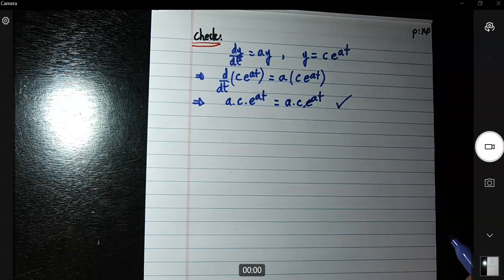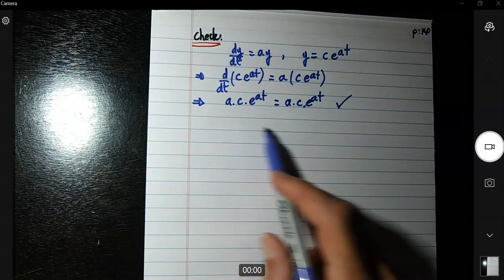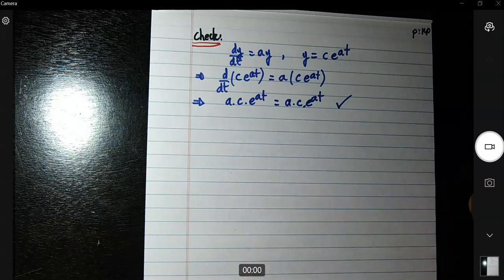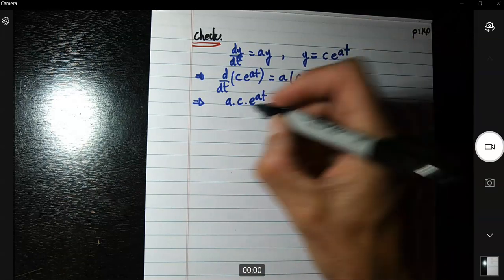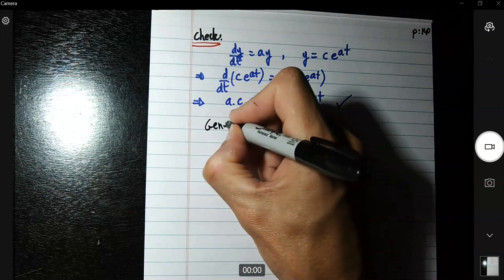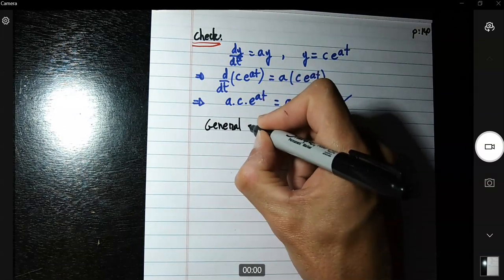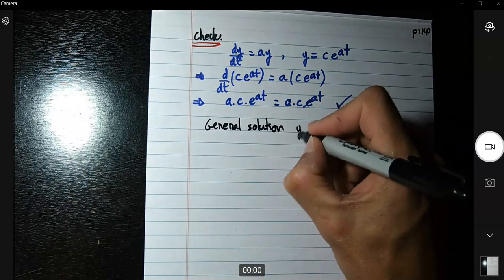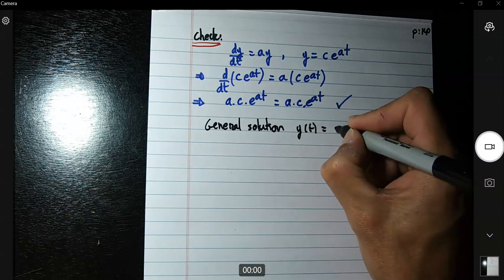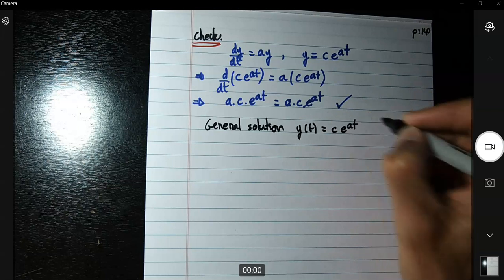So the assumed solution works. Once you have the assumed solution, the general solution is y of t equals c exponential a t.